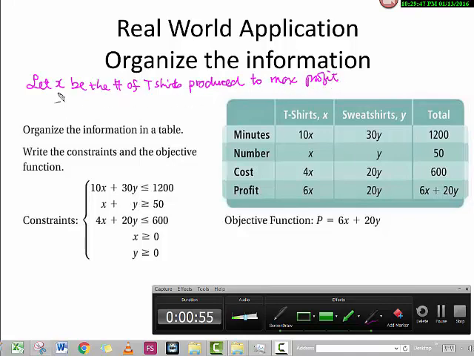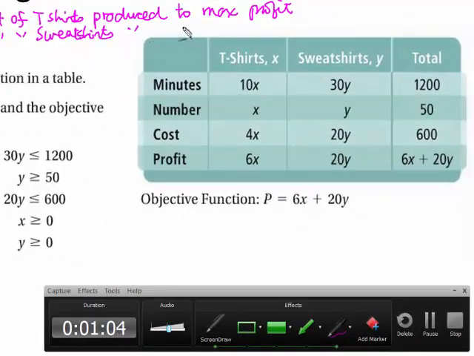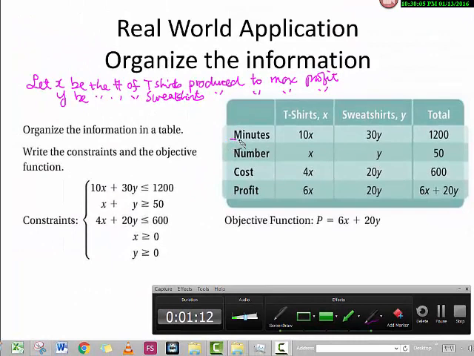And of course, y is going to be the number of sweatshirts that you're going to produce to maximize profit.